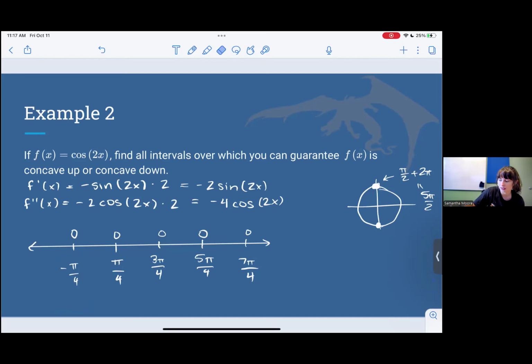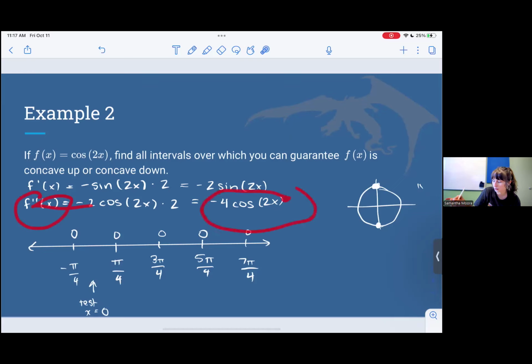And then let's go ahead and do our test points in between. So for example, a test point of x equals 0 would have me looking at f double prime equals -4 times cosine of 2 times 0, so cosine of 0. So that's going to be -4 times 1.